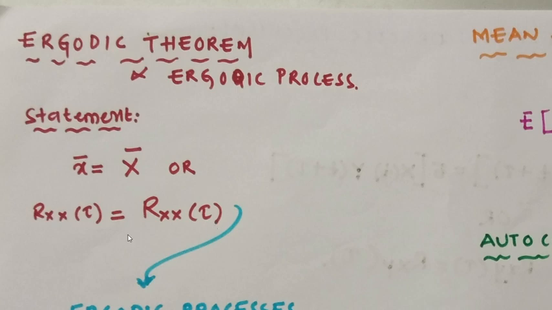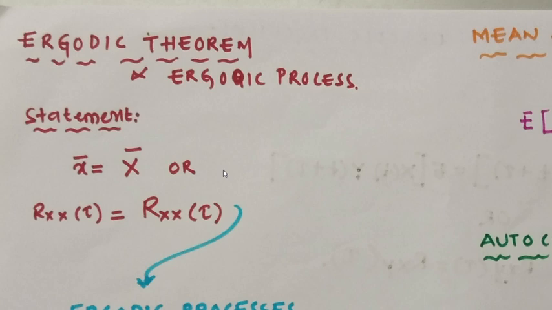In the autocorrelation process, we can write that the autocorrelation of any two sample functions is equal to the autocorrelation of the complete random process.